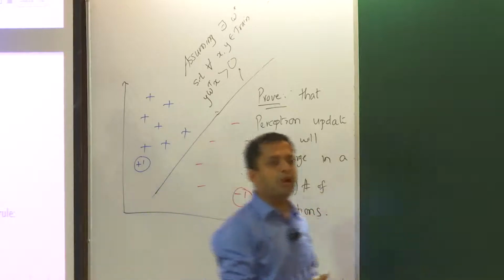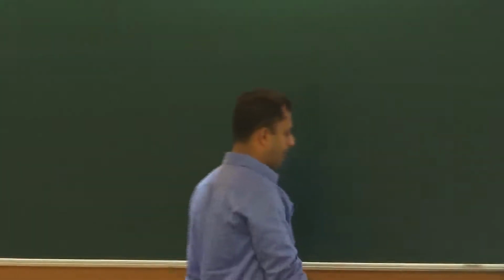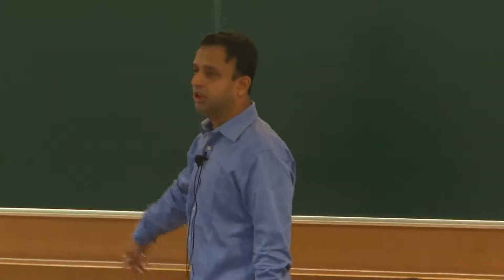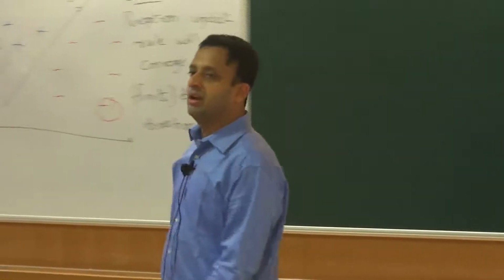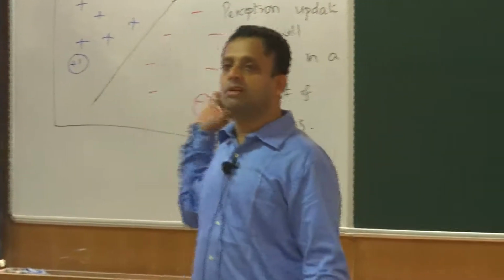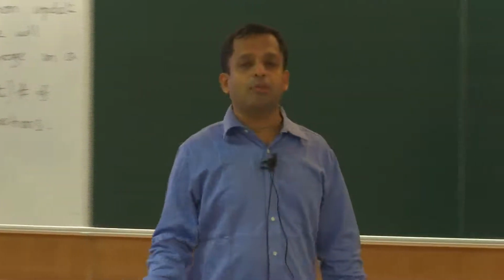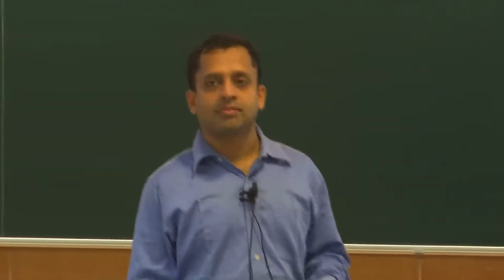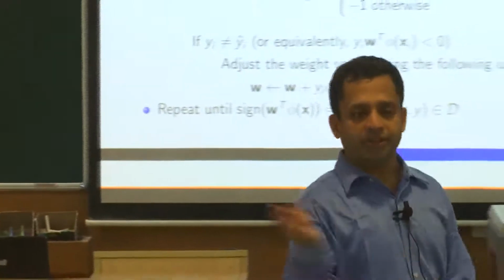So I want you to now suggest how you would go about with such a proof. What are the elements? The algorithm is written on the slide. What you want to get to is written on the board. Now you can prompt how you would go about this. I want you to think.